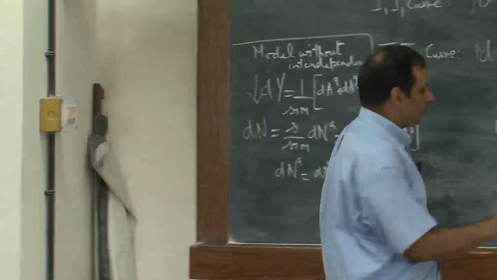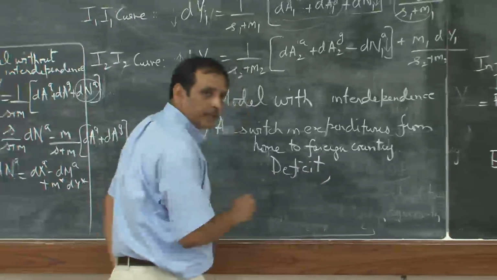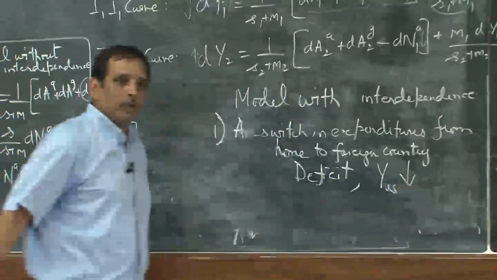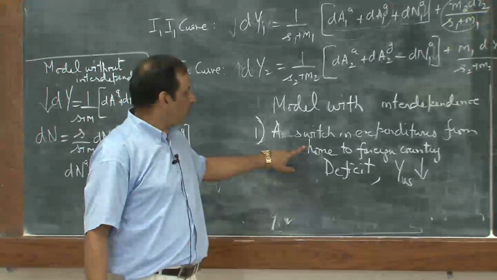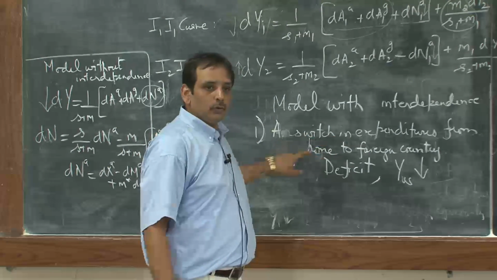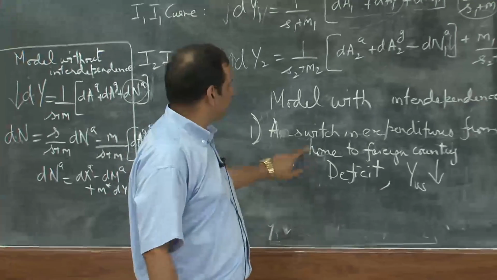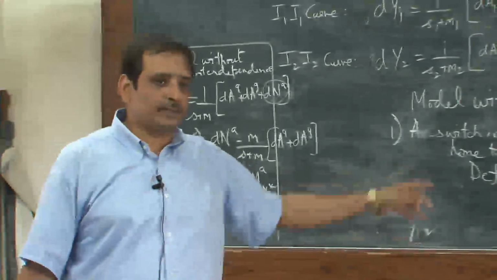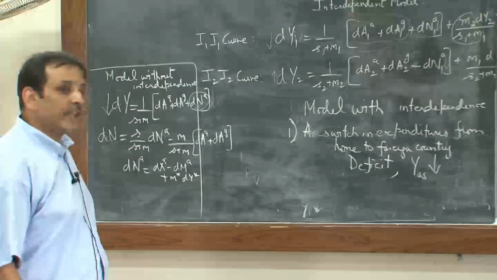There is a deficit in the balance of payments, absolutely right. And when there is a deficit, remember the incomes in the US go down. So the appropriate policy in this case is to switch back your expenditure from foreign to home goods, right? And say for example, if the US decides to do nothing.